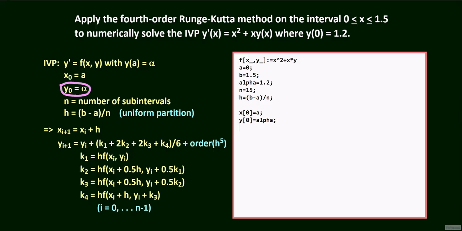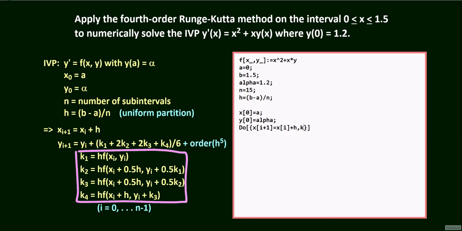For the recursion, we apply a Do loop inside which we have a list of commands. The first command is for x sub i plus 1. Then we define the k sub j's. K sub 1 equals h times f applied to x sub i and y sub i.